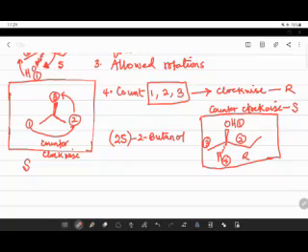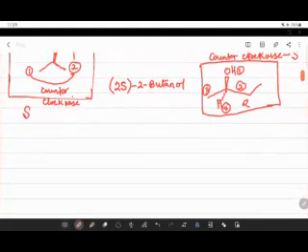And if these are in clockwise direction, then we assign an R to the molecule. If the numbers 1, 2, and 3 are in a counterclockwise direction, then we assign S to the molecule.